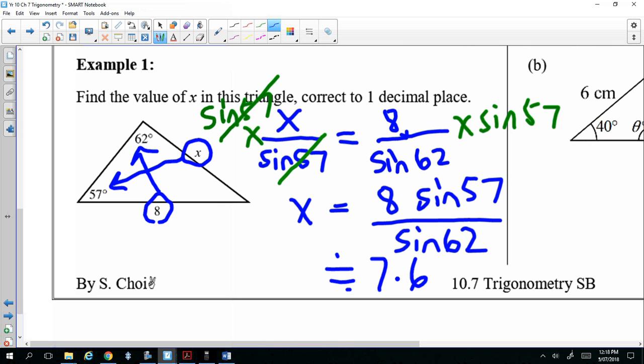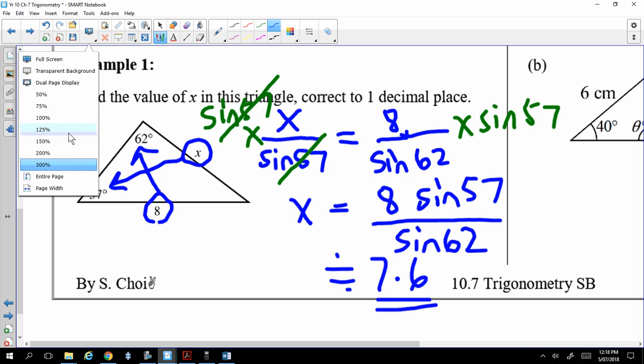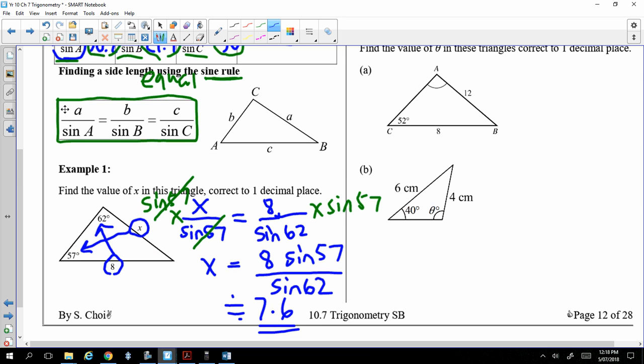Okay, no unit. Good, pretty easy. This is called the sine rule, which is this formula here. Now you need to memorize it for the test. During the test, we will not give you this formula, but it's not hard to remember. All you have to do is do the side length, opposite, divide by sine of the angle, another side length, divide by sine of the other angle opposite to that side.